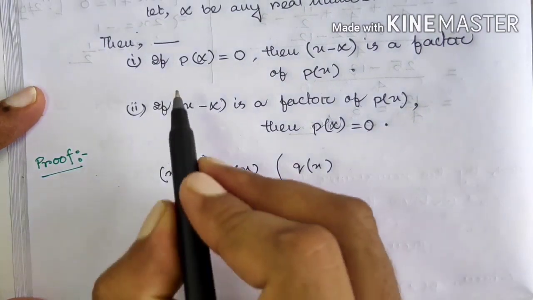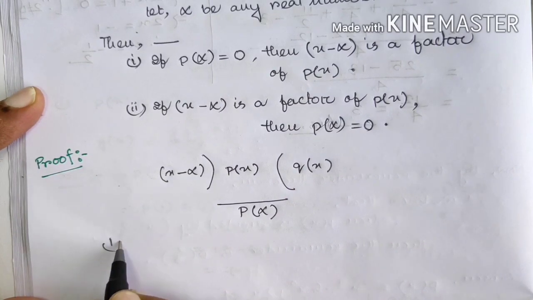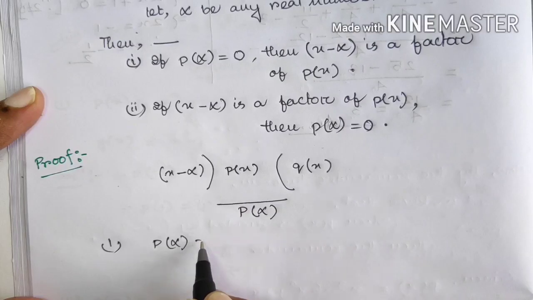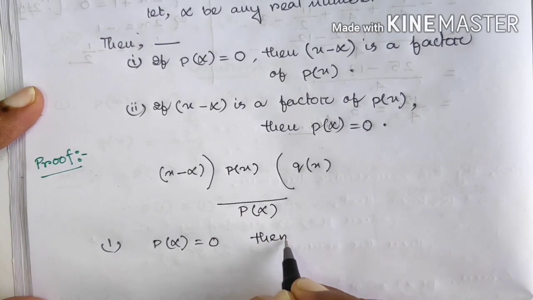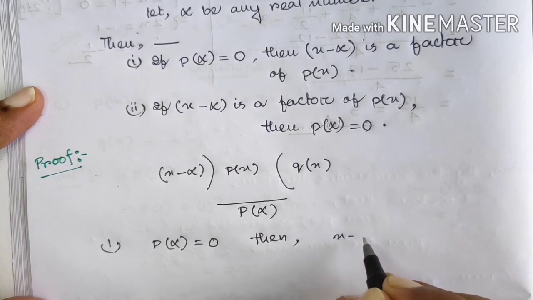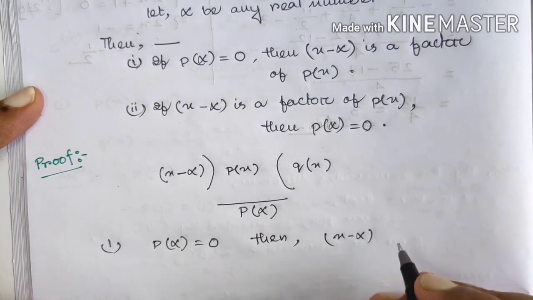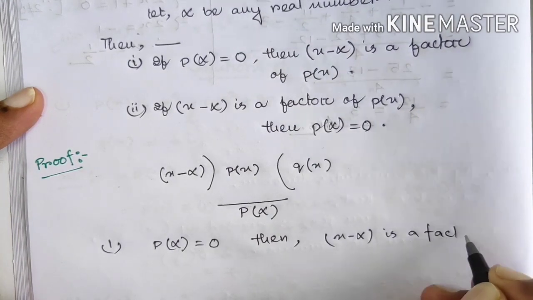From this, if p of alpha equal to 0, then p of x is divisible by x minus alpha, therefore there is no remainder. That means x minus alpha is a factor of this polynomial p of x.